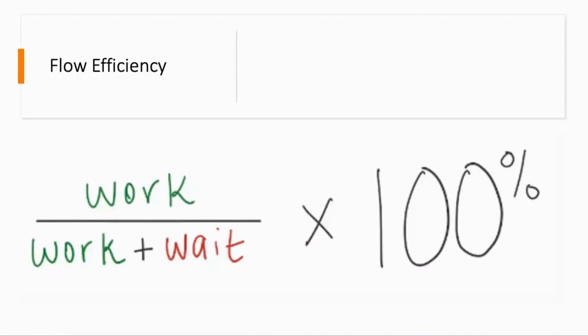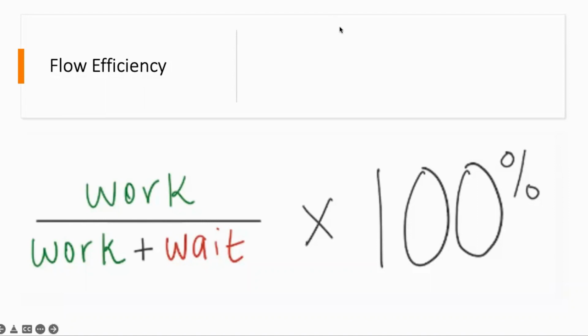It is derived through this particular formula, which is work divided by the lead time. Lead time is the entire cycle time that your work takes moving from one stage to another, or from start to finish. The work is the touch time.